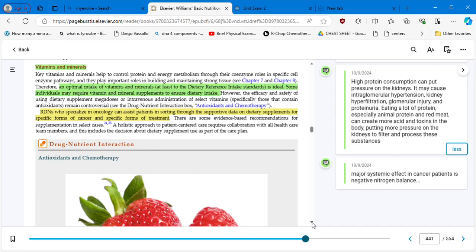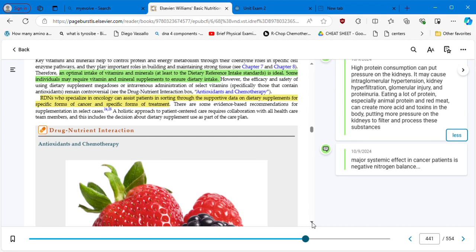Some individuals may require these vitamin and mineral supplements to ensure dietary intake. So the registered dietitian who specializes in oncology, especially, can assist patients in sorting through the supportive data on dietary supplements for specific forms of cancer and specific forms of treatment.